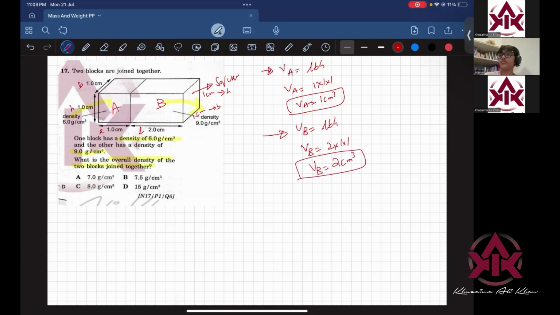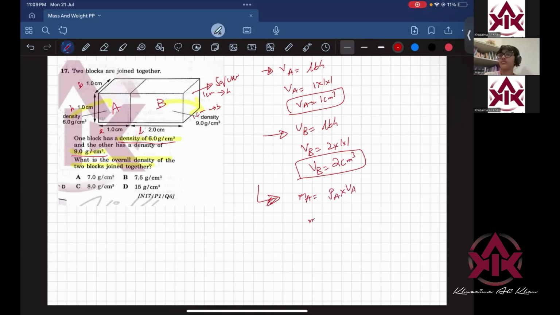I can now find the individual masses also, because I'm given the density of block A and the density of block B. So let's find the individual masses of the blocks. The mass of block A is going to be density of A times the volume of A.